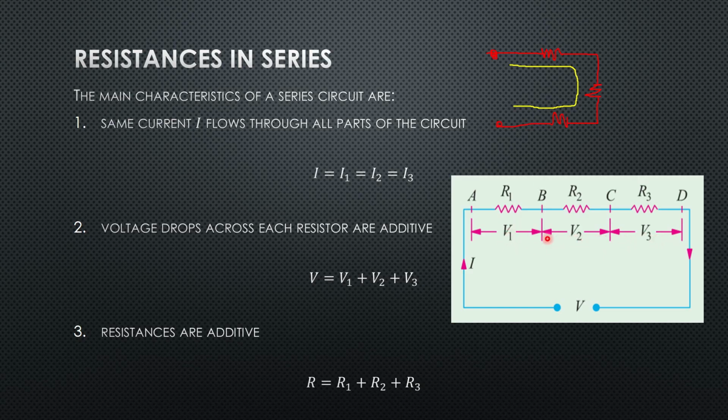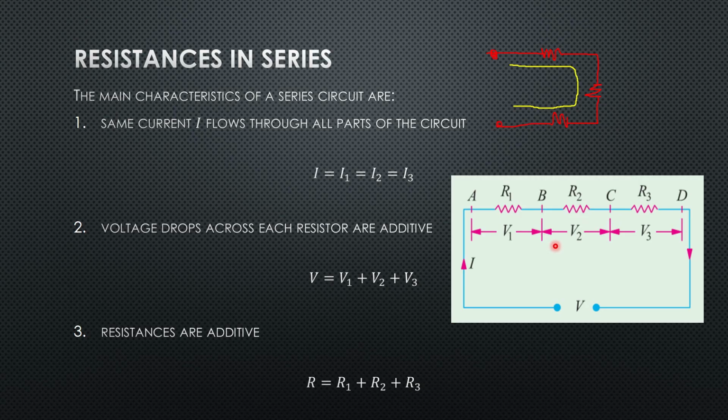V1 is not equal to V2, and it is also not equal to V3 because of their different values of resistances. V1, V2, V3 can be equal in a series connection when the resistances have equal values.